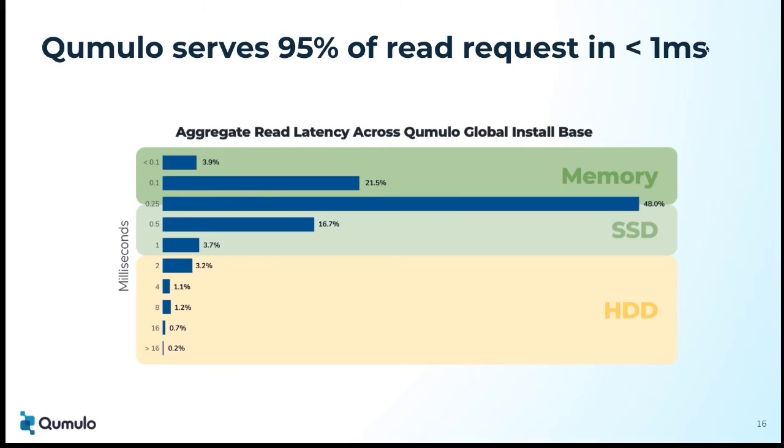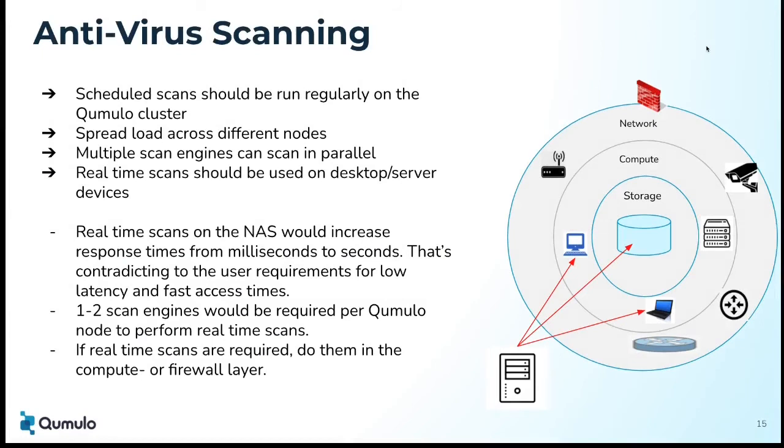So now consider you would add a scan engine in between and your response time is not a millisecond anymore, but probably 10 seconds or even 15 seconds before you can really open the file because it's been scanned first. That is typically not accepted by users or even applications, and that would be really contradicting to the use of a high performance file system and NAS system.